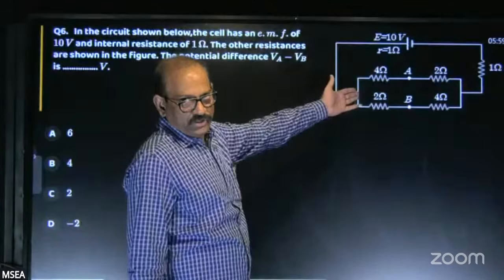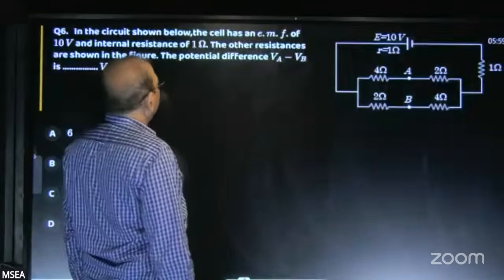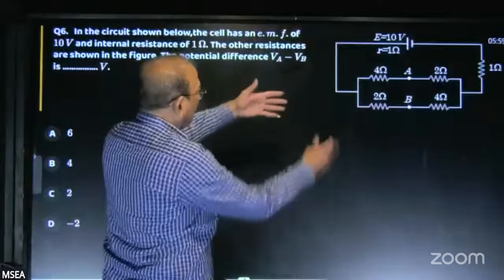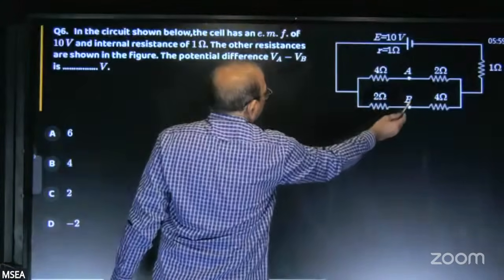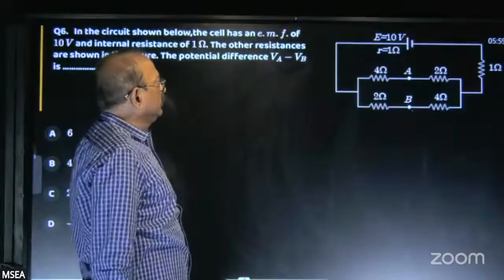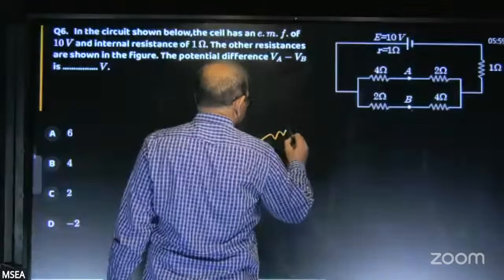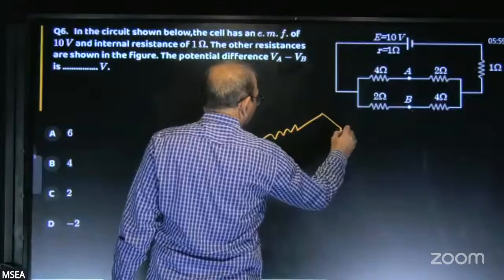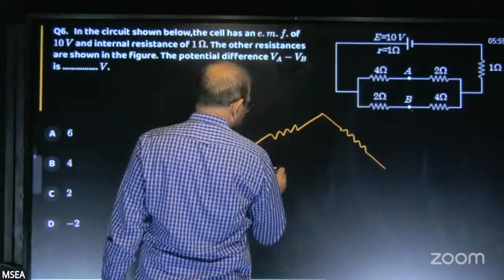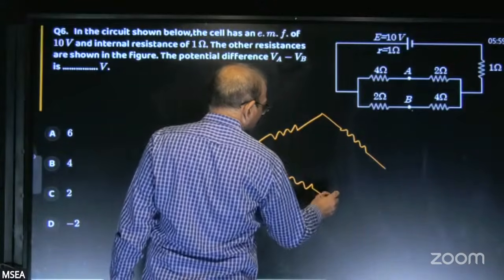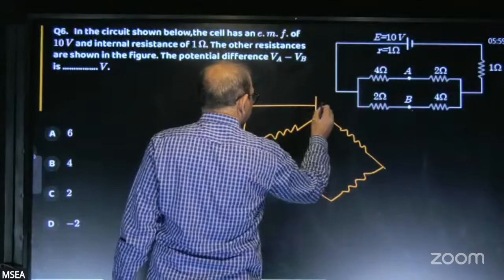Unbalanced Wheatstone bridge this is. What is asked here? It is giving one network and asking the potential difference VA minus VB, how much? See this. Battery.